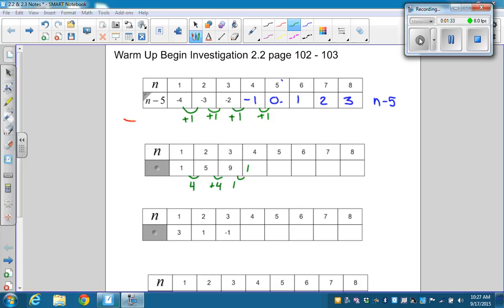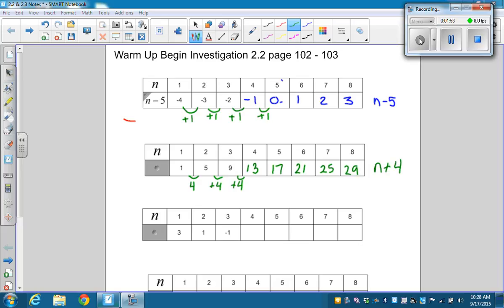So you see the pattern, that's easy. So this is going to be 13, 17, 21, 25, 29. But somebody said n+4. Do you guys agree with that?